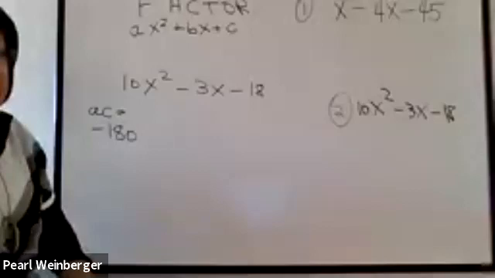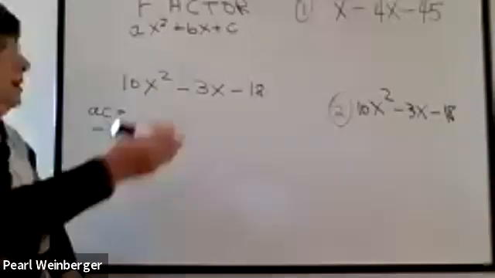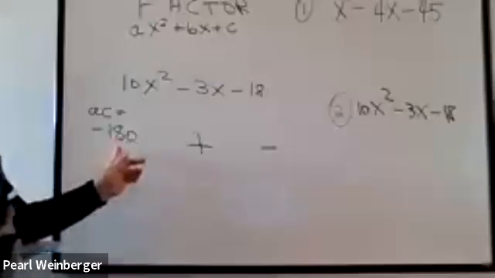Which means, again, since it's negative, one of the numbers has to be positive and one has to be negative. They have to multiply to 180, but when I subtract them, they have to give me 3.